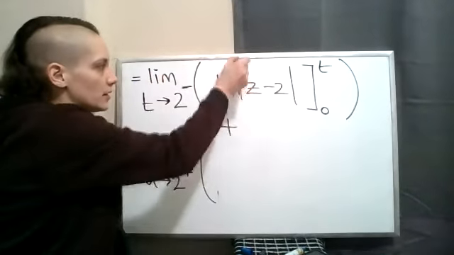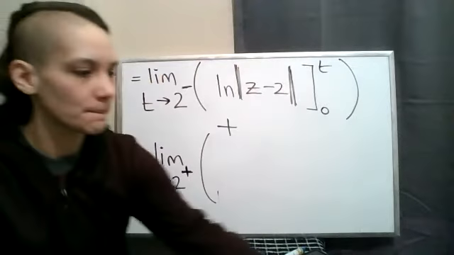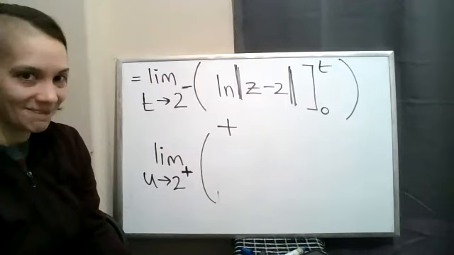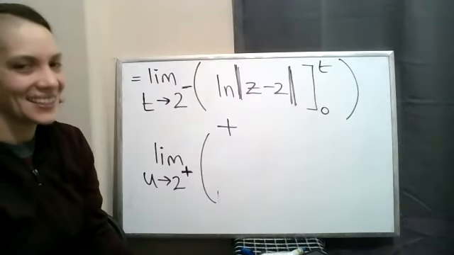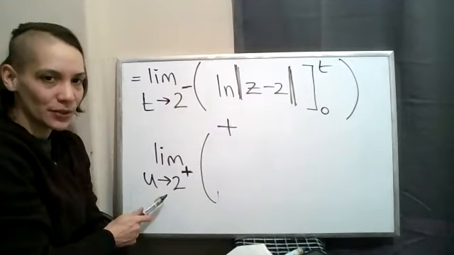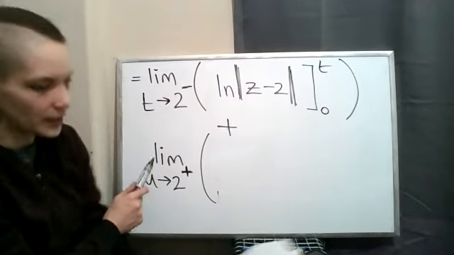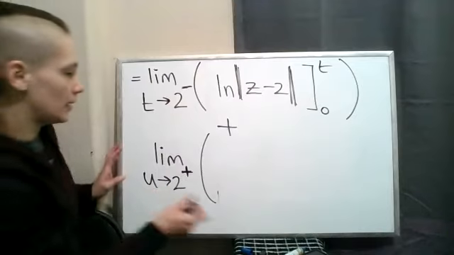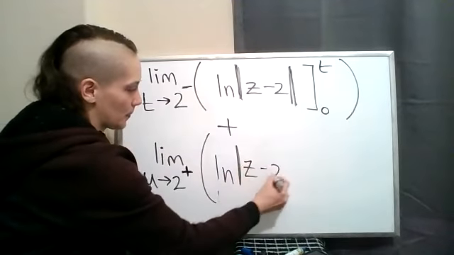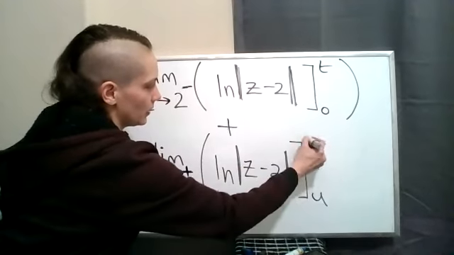Those are absolute value bars. Next part. We're still adding the limit as u goes to 2 from the right of ln absolute value of z minus 2, and we evaluate from u to 3.